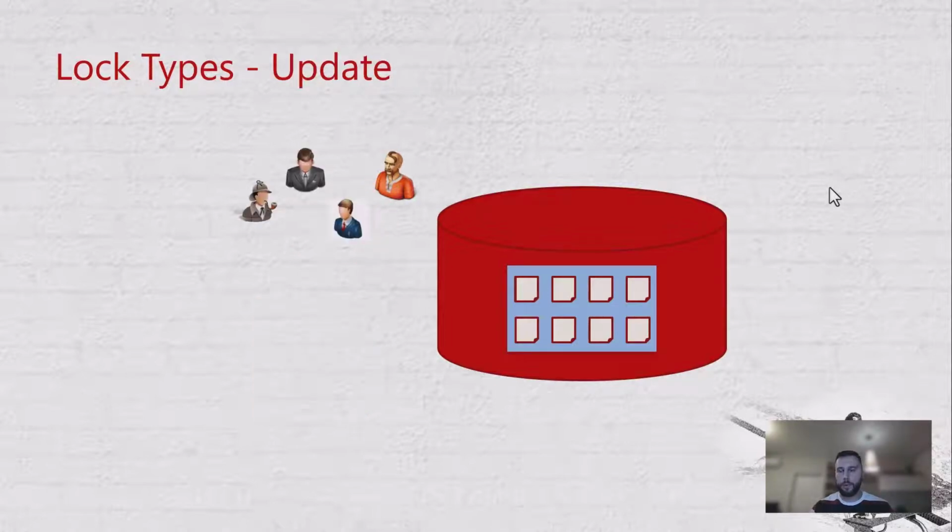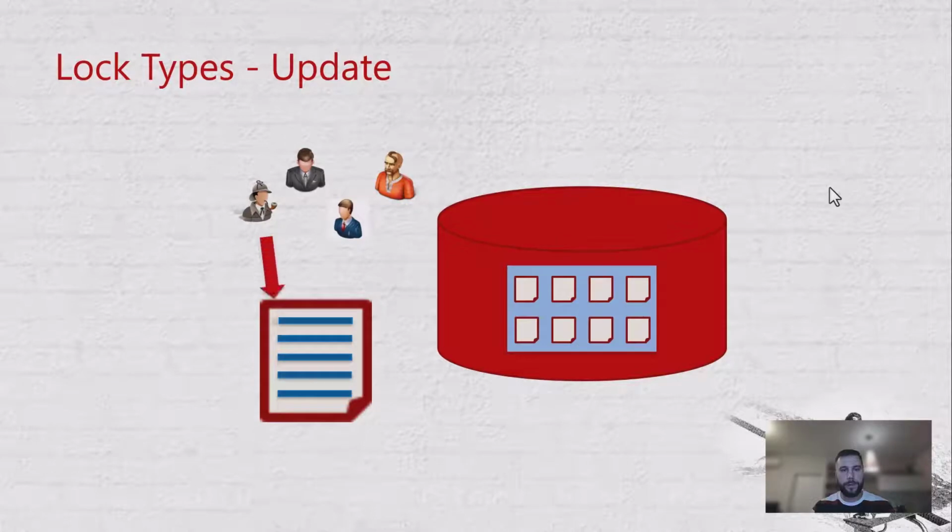And the third very common lock is called update. This is some kind of transient lock. When the process wants to update the data or delete the data, SQL Server needs to find all those rows first. And SQL Server will mark all the rows which it wants to update with update locks.